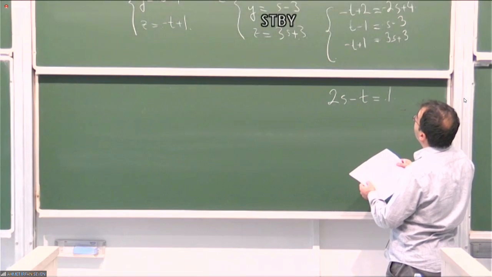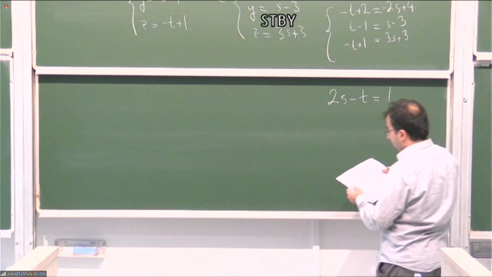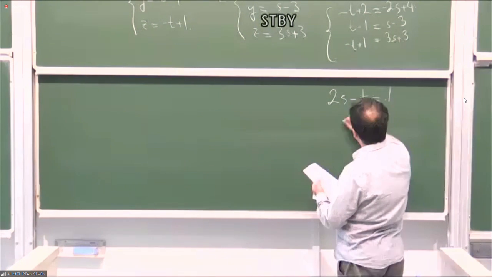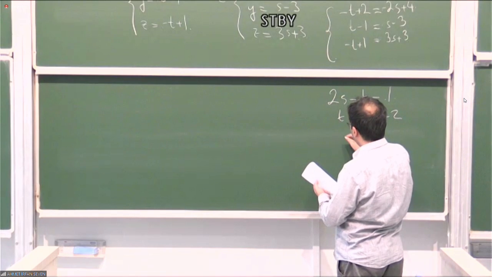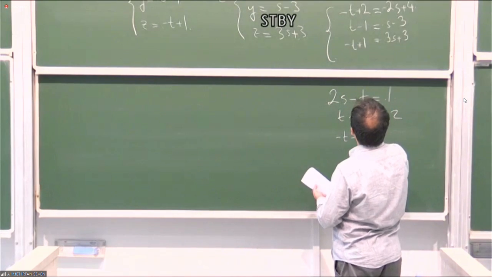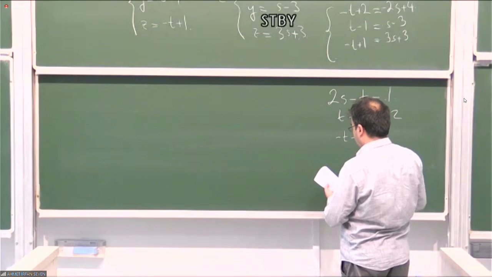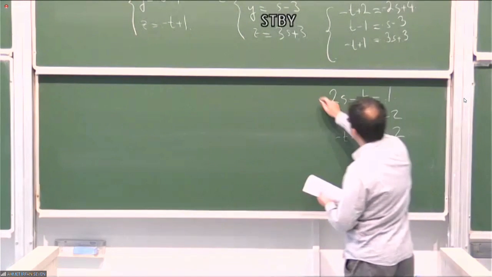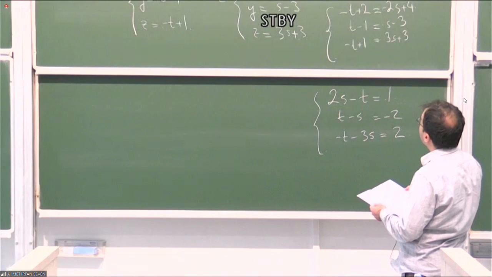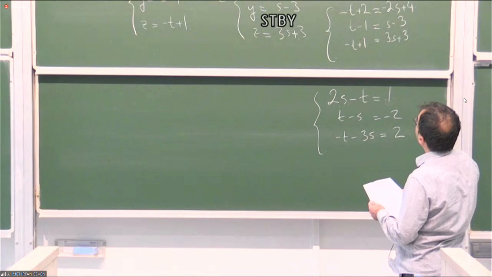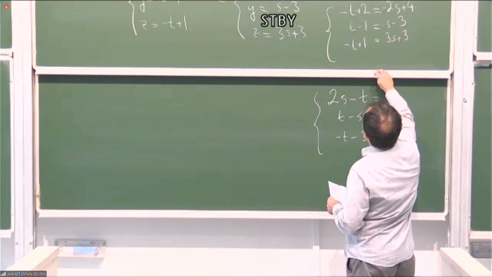Hocam, it should be 2. It should be 2s minus 2. T minus s equals minus 2. And minus t minus 3s is equal to 2. Okay. Hocam, I'm talking about the one above. Shouldn't it be 2 instead of 1? Where? 2s minus t.